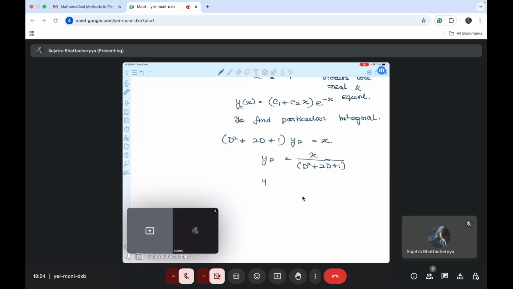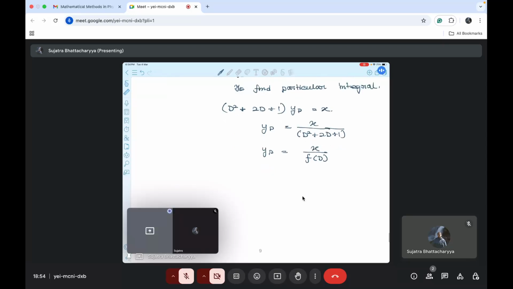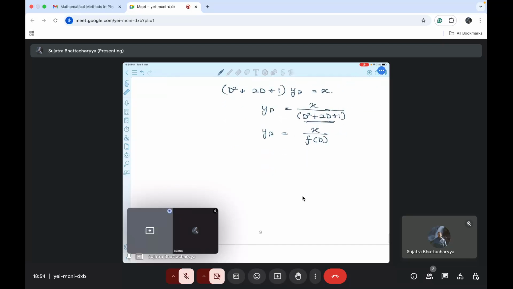So this yp is of the order x upon f of D. All right. See, f of D is written as D square plus 2D plus 1. Can I write this as D plus 1 whole square? See, this is the same thing. D square plus 2D plus 1 is D plus 1 whole square. Can I write therefore yp as x upon D plus 1 whole square?